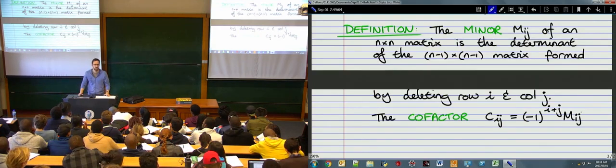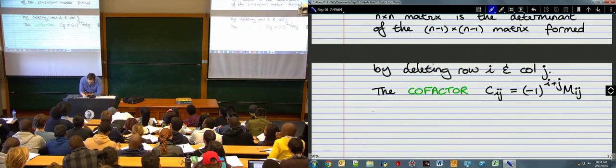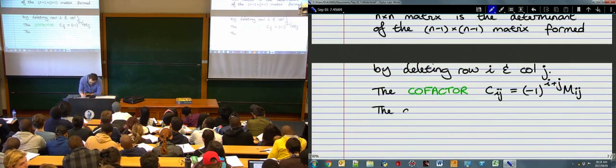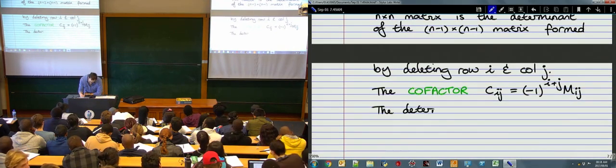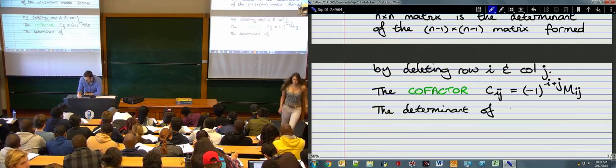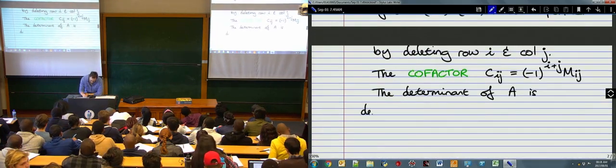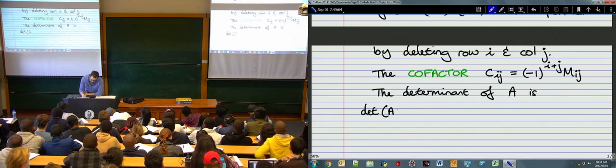So that's your cofactor. And then we have the cofactor expansion, or sometimes the Laplace expansion, for the determinant. The determinant of A, and you can write it down in two different ways.